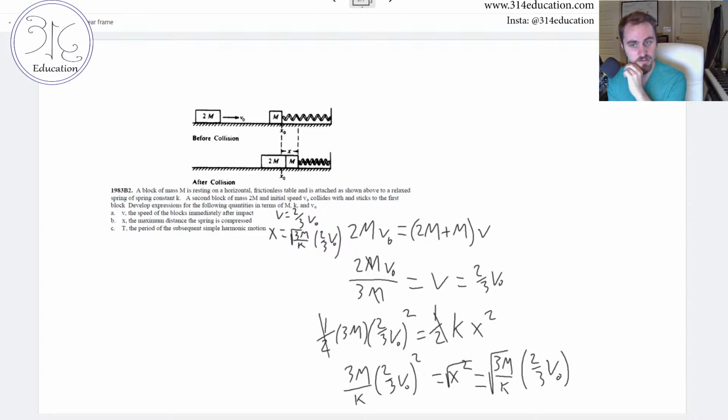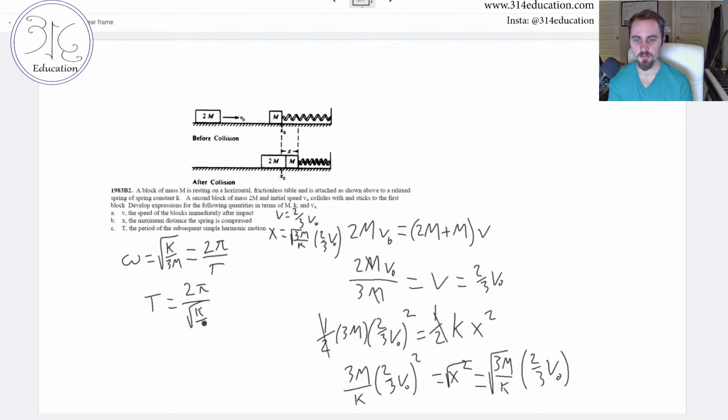Next, we want to find T, the period of subsequent simple harmonic motion. Well, that's pretty easy because we know how our omega behaves. We know the square root of k over m, our m being 3m now because it's 3 times that initial mass, is equal to our angular frequency, 2 pi over T. That gives us T is equal to either 2 pi over the square root of k over 3m, or 2 pi times the square root of 3m over k.